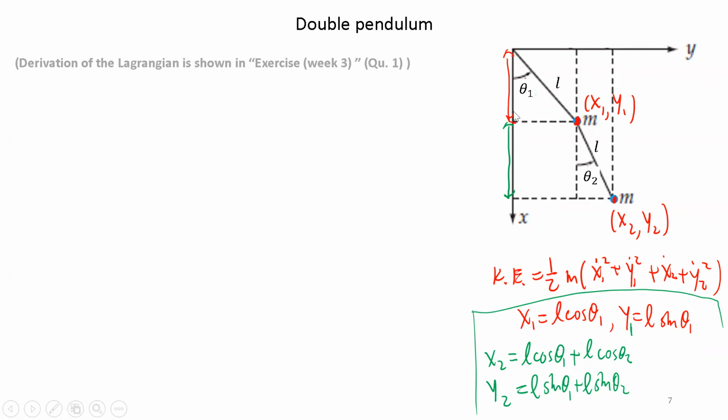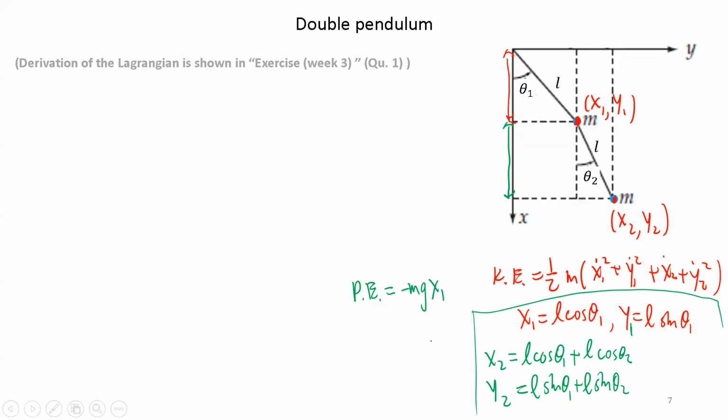Okay, so what about the potential energy? Potential energy of this one would be minus mg x1. Okay, so now this one has to be careful. Why is it minus mg x1, but not just mg x?